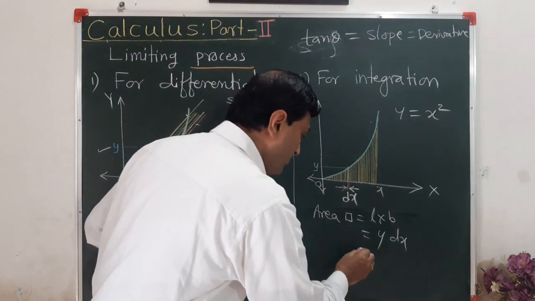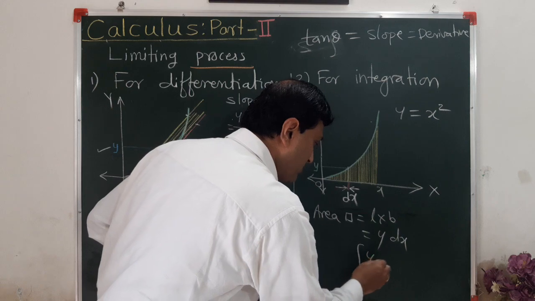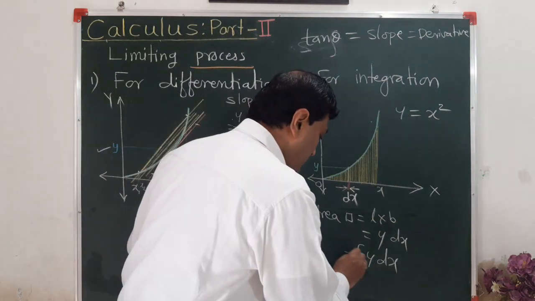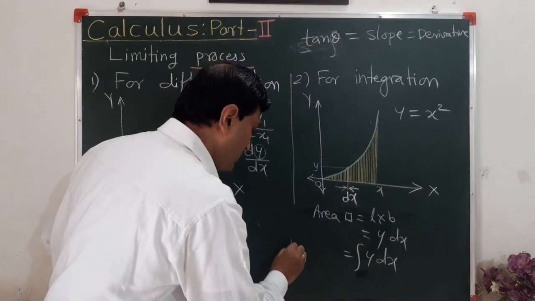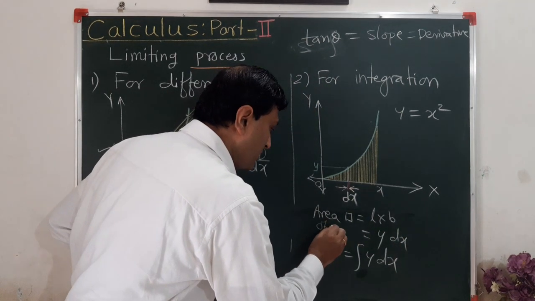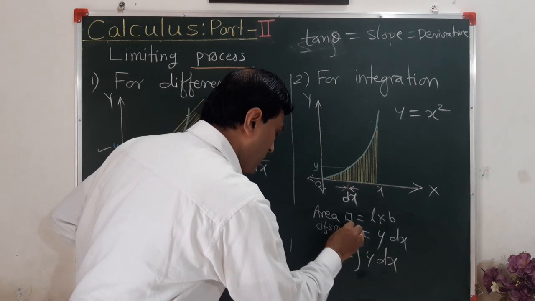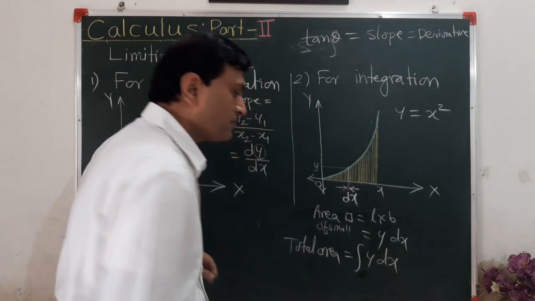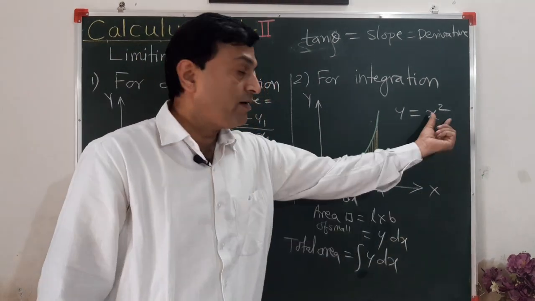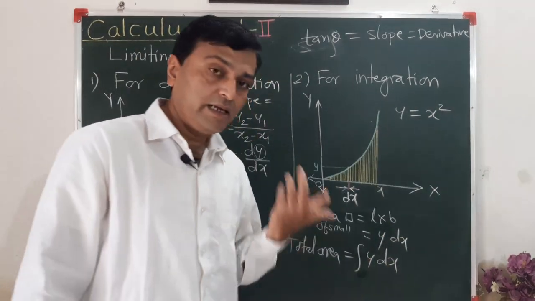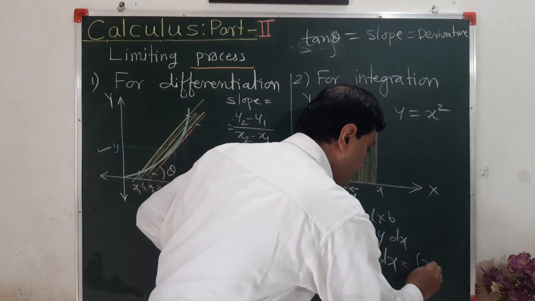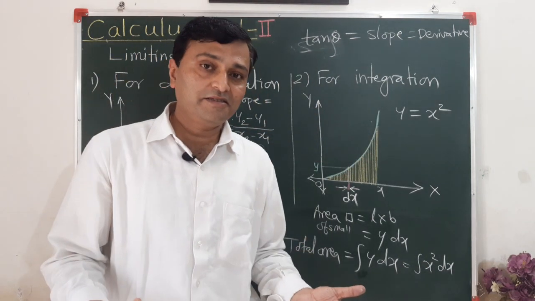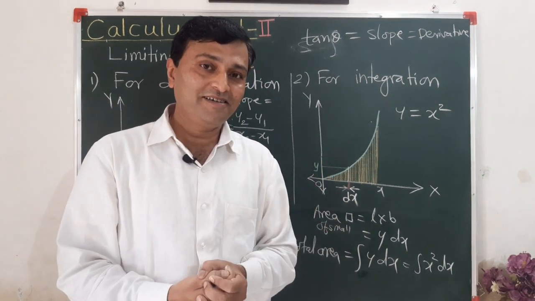By the simple method of integration. This is called integration. This is the area of small, and this is total area. You can put the value of y here, then it will become integration of x square dx. You will get total area.